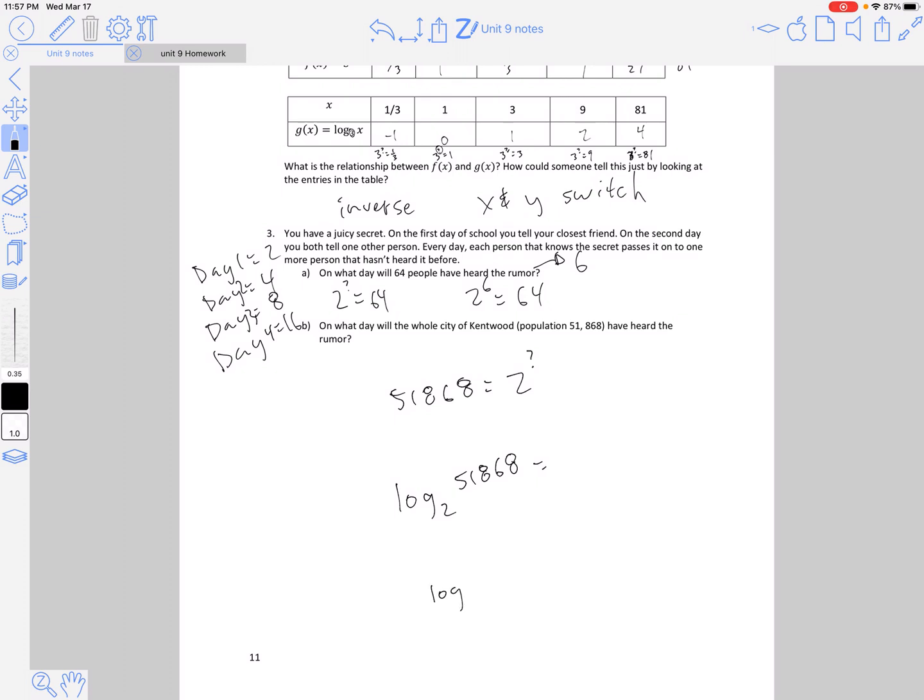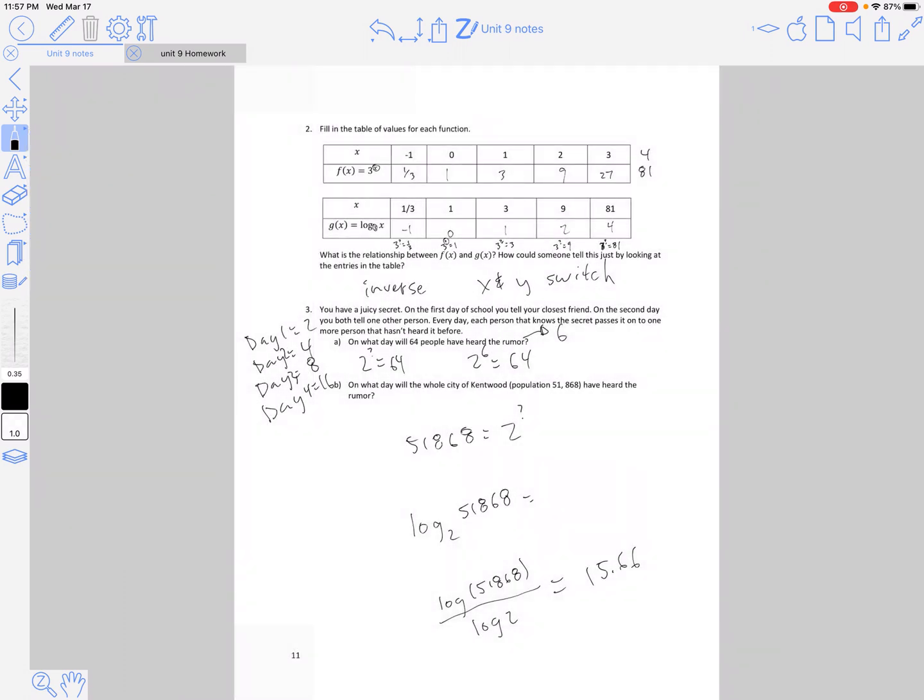Log button is just right to the left. Look at your calculator. So if you do log of 51868 divided by log of 2, we'll talk about this, but this is called change of base. Put that in your calculator. You get 15.66.